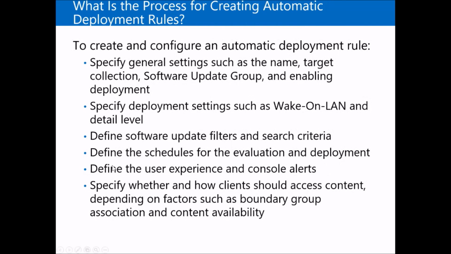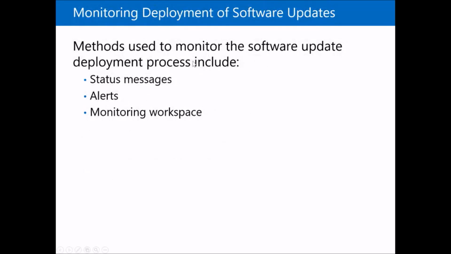We can define the user experience and console alerts, so basically warn them what they see during an update and so forth. Specify whether and how the client should access the content depending on factors such as boundary group. So if you remember, if we're part of that boundary group, there should be a distribution point inside that boundary group to use, so we can access their local one.